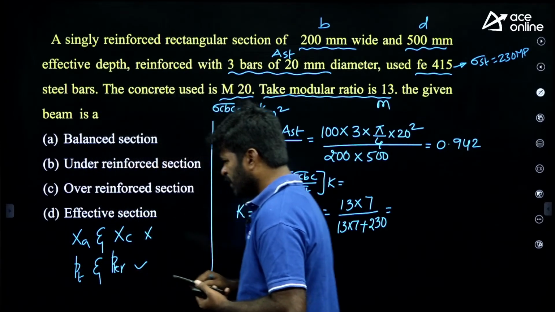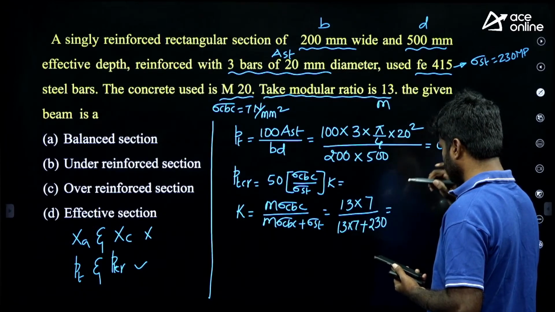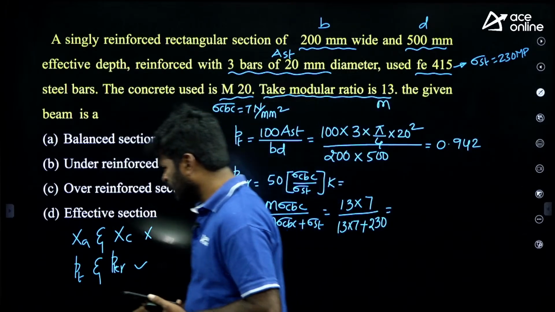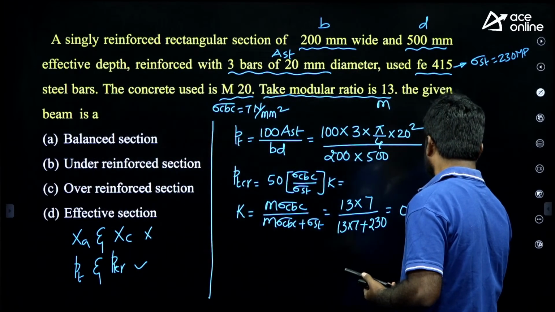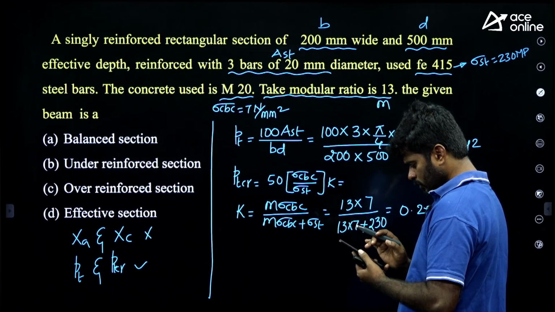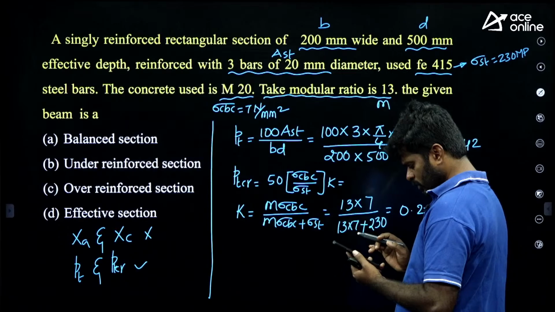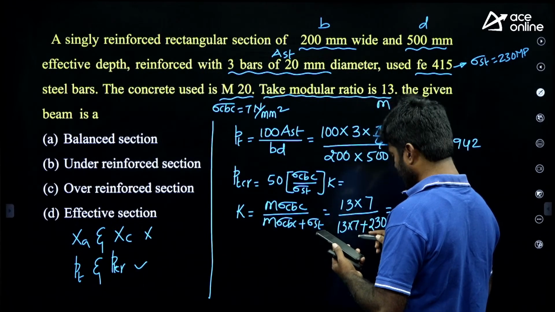Okay, Mr. Shiva, 0.942 is correct. Ramanjaneyulu, please check your value. Who is Ganesh? Ganesh is getting 0.28. Yes, Akhil, 0.28. Okay.